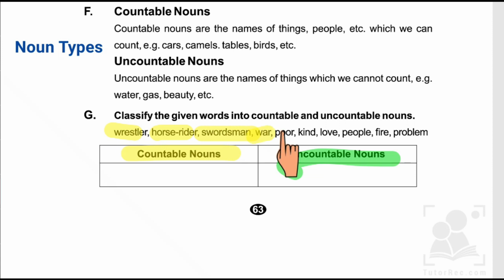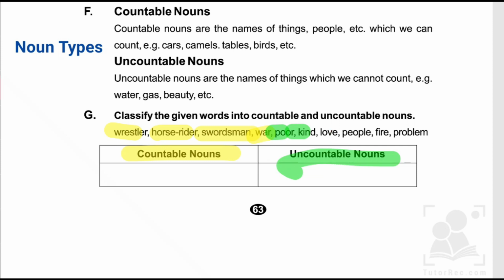Next is poor. It's a quality or adjective. You cannot count poverty. You can measure it. You can keep a record of it, but you cannot count exactly on your fingers how poor. So it is uncountable. All the qualities, kind, uncountable.